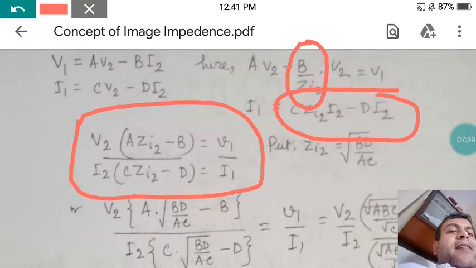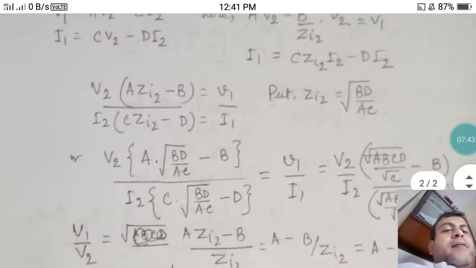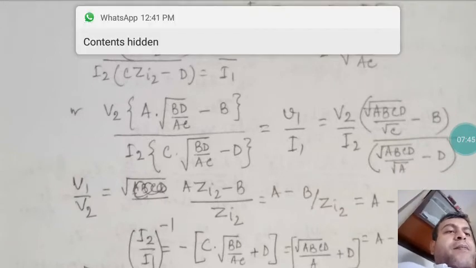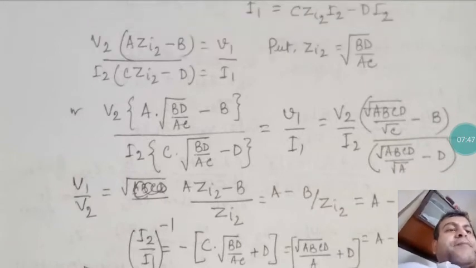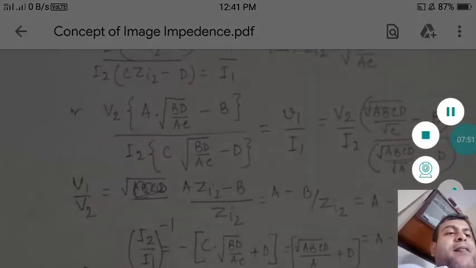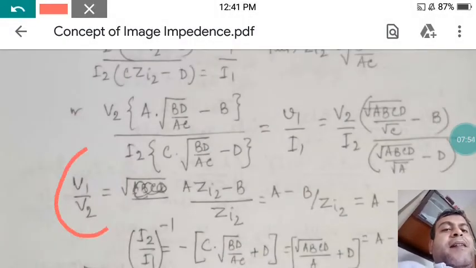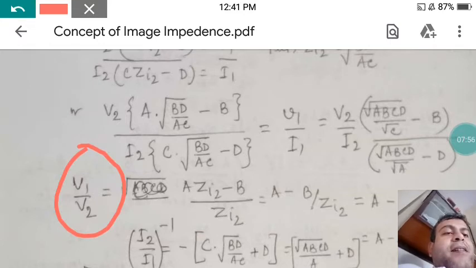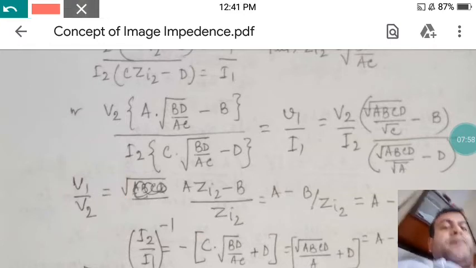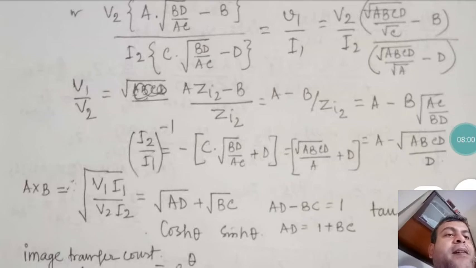So we can easily take a ratio of this, but finally I am going to find out the ratio of V1 and V2. This V1 and V2 we can easily evaluate by this particular value, and I2 by I1, given as I1 by I2, can easily have that type of value.